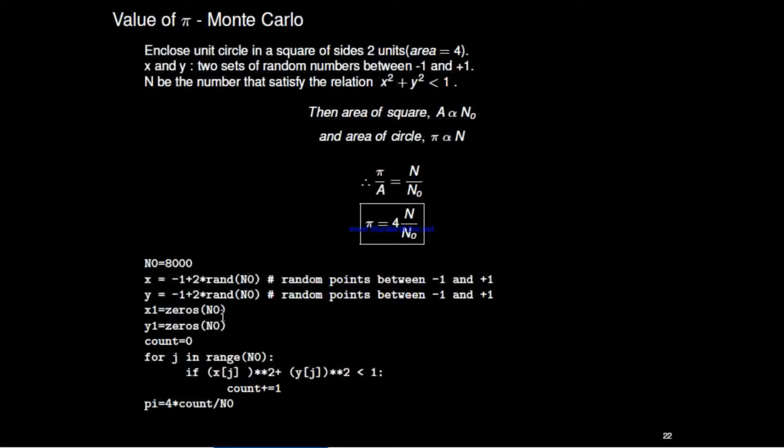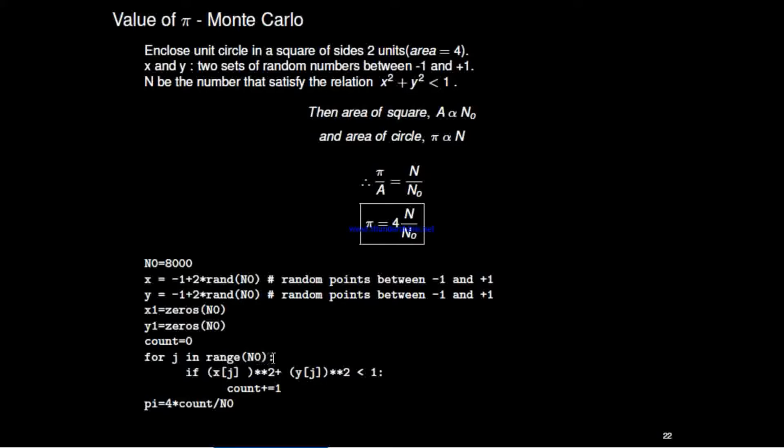Now this is the initial setup. We are generating x1 equal to zeros, an array with n number of zeros, and y1 is also an array of zeros, only for plotting the graph. Now we are counting the number. Initially count is 0, for j in range n0.